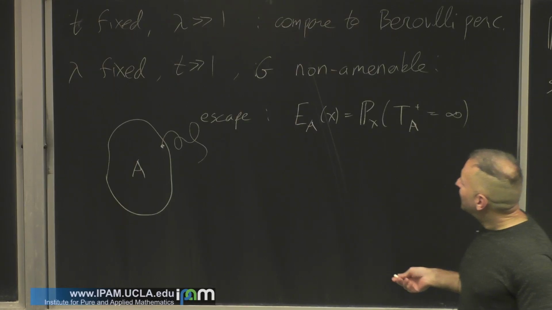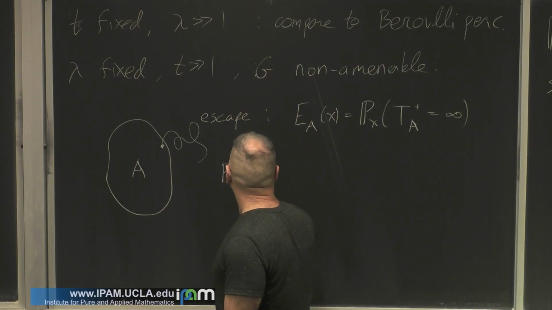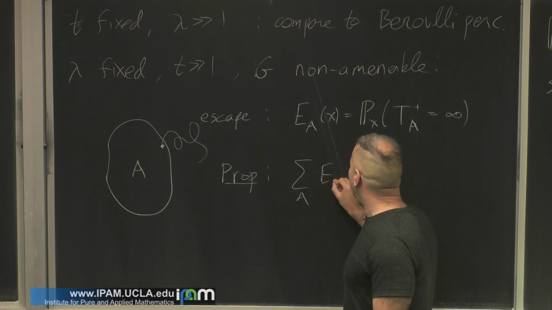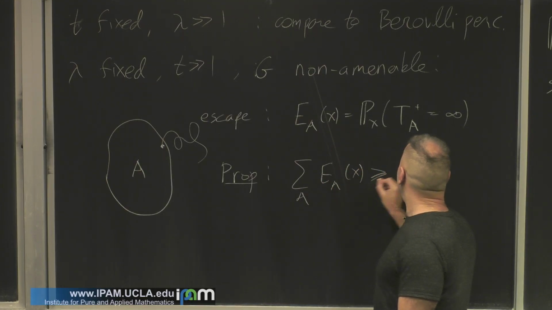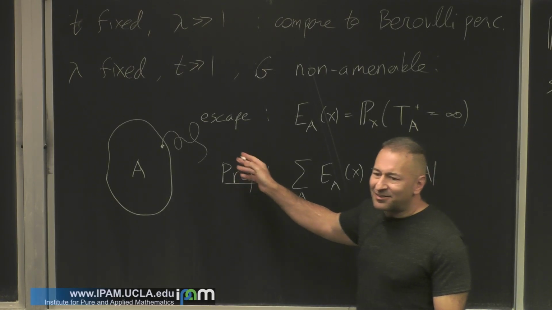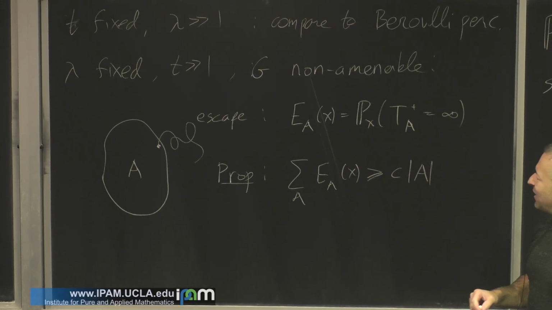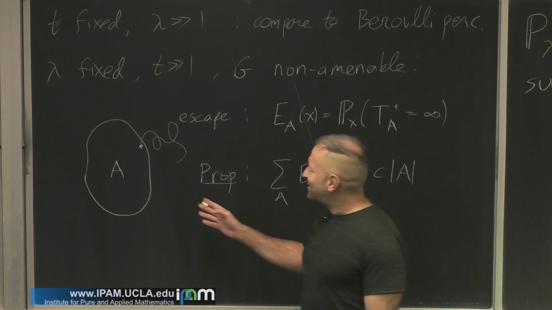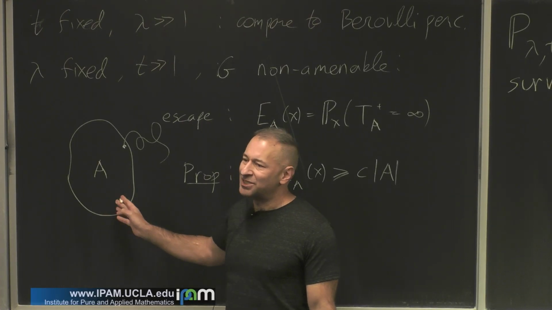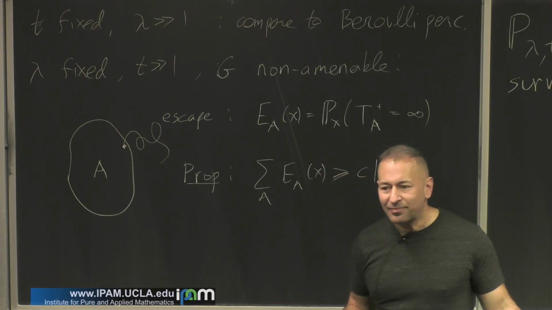There's the general fact that if the graph G is non-amenable, then the sum over x in A of e_A(x) is at least some constant times the size of A. For a non-amenable graph, the sum of the escape probabilities is linear in the volume of the finite set. And the consequence of this is that some delta fraction of the points have an escape probability which is at least delta, for some delta depending only on the graph, not on the set.